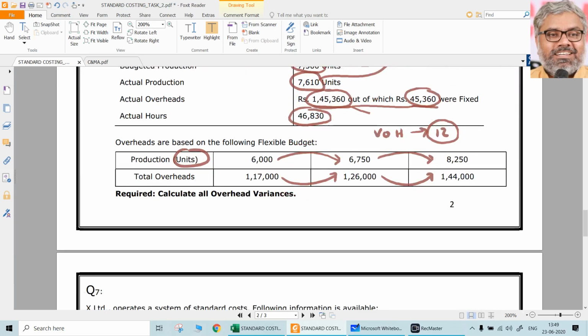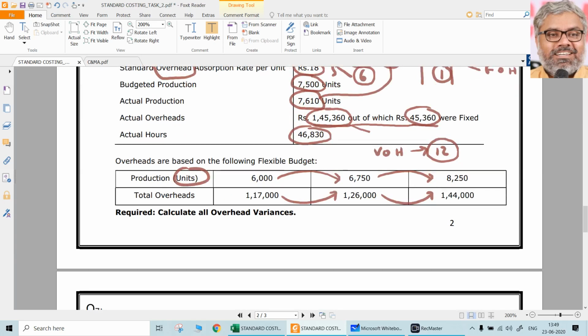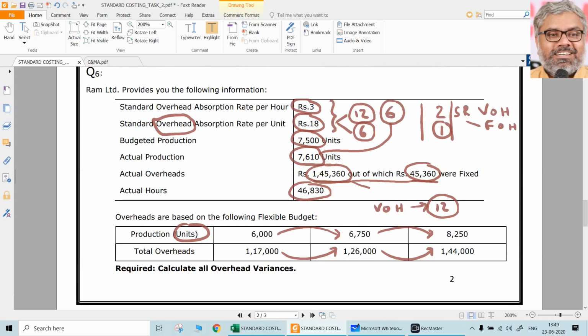So I think questions number 6 and 7 both have only that point, where we convert the standard rate of variable or fixed overheads into the standard rate per hour. What is given is per unit, and we convert it to per hour. That's all.